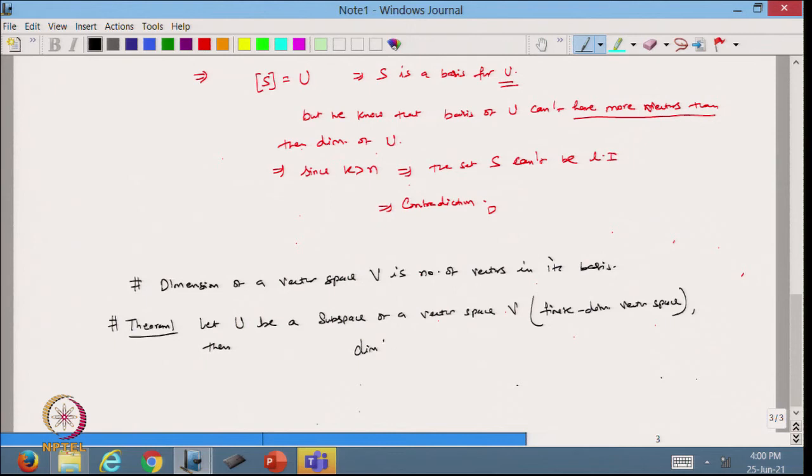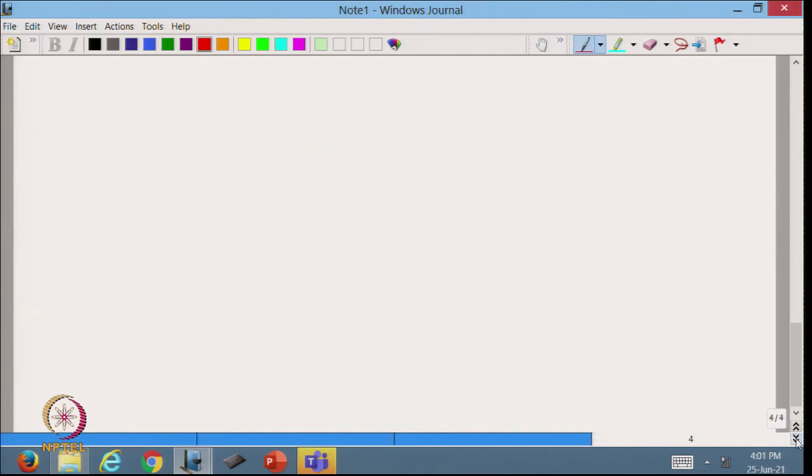So, let U be the subspace of the vector space V, then dimension of U will always be less than or equal to dimension of V, because U is a subspace of V. And if dimension of U is equal to dimension of V, that implies that U will be equal to V. So, this is another important theorem.